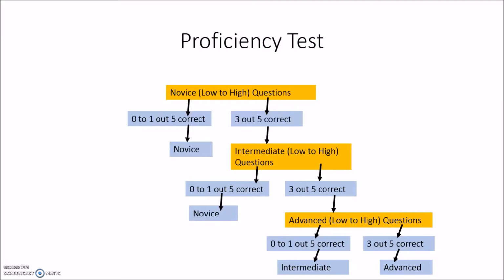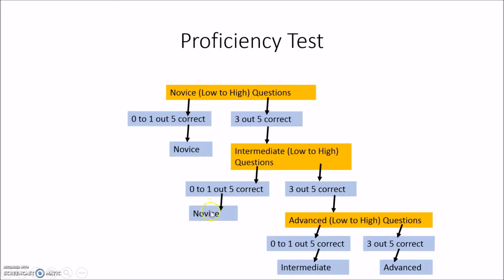If they get none to one correctly, only one possibly is correct, then they test at novice or non-existent level, and they don't move on. They don't have to do the rest of the test. On the other hand, if they get 3 to 5 correctly, they progress to questions at intermediate level.